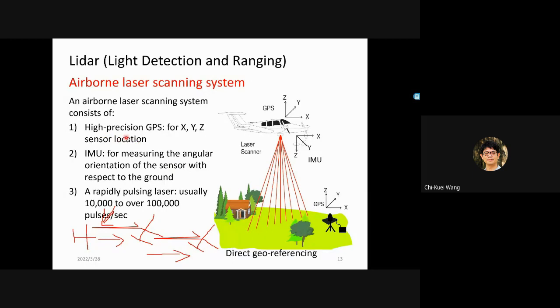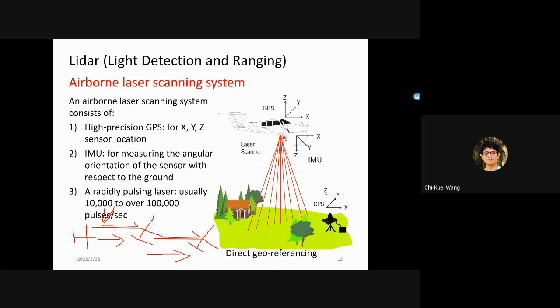So you would like to have a high precision GPS for the XYZ sensor location, and you would like to have the IMU, the inertial measurement unit, to measure the angular orientation of the sensor with respect to the ground. And we also put a laser pulsing system on the airplane.